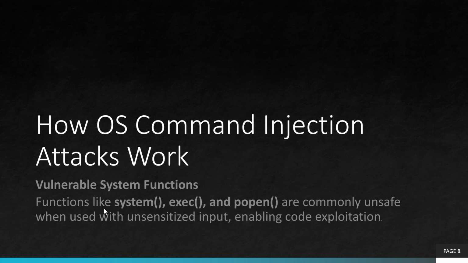Some of the vulnerabilities are in functions and system calls. This system function is in C, C++, and Python. There are all kinds of programming languages, including Jupyter Lab, that use system and other ones.